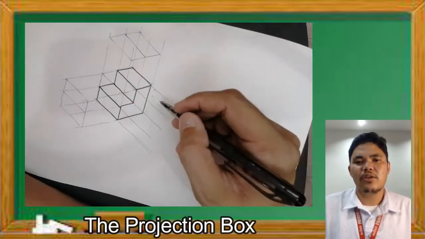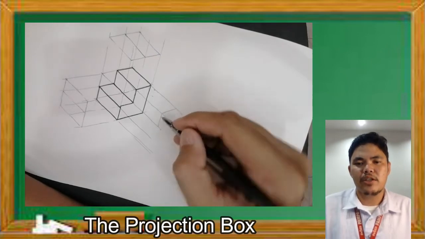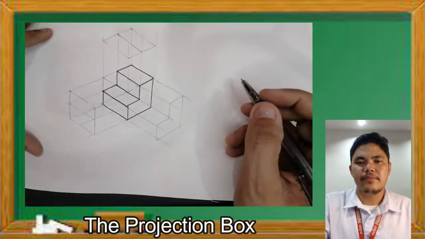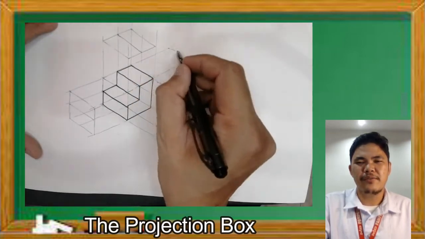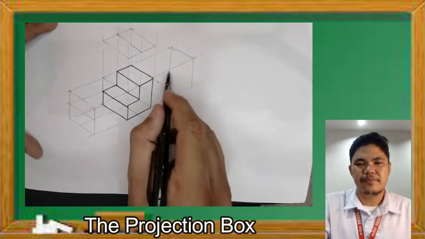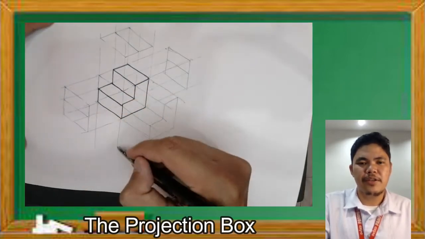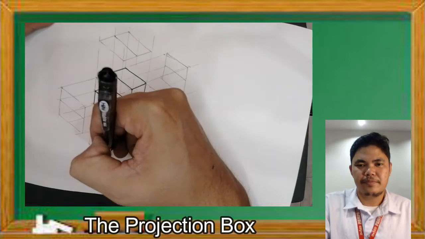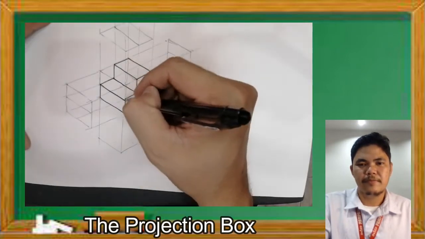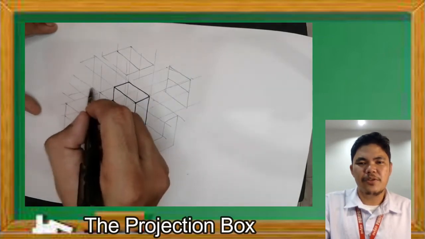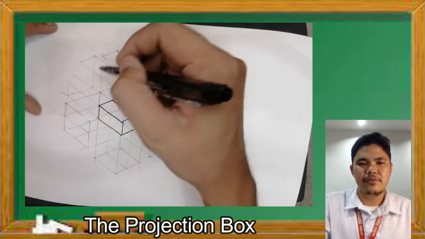This is not yet the orthographic views. These are just what we call projection using the projection box. And then the projection for the rear view. And then the projection for the bottom view. Then another thing, the projection for the other side view.